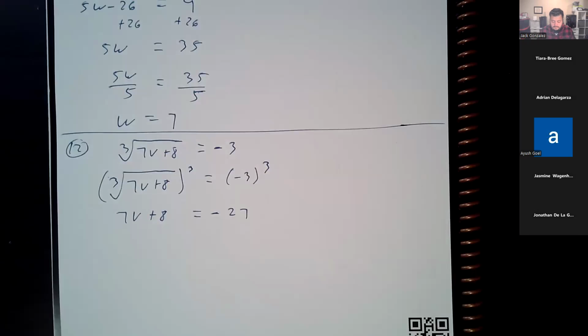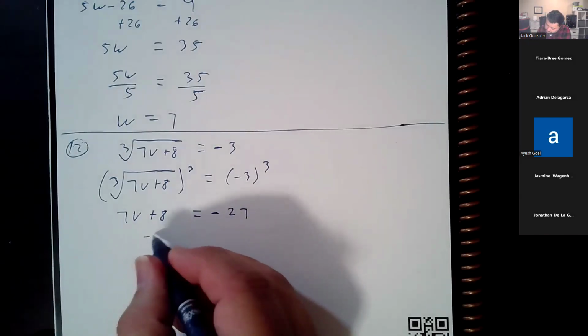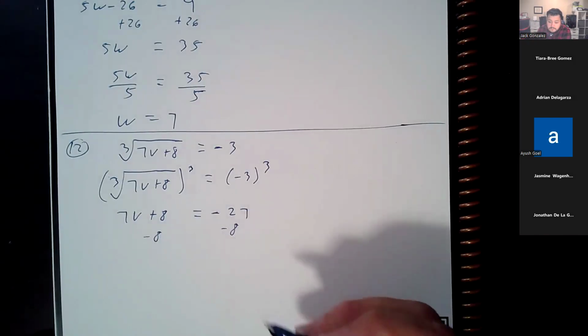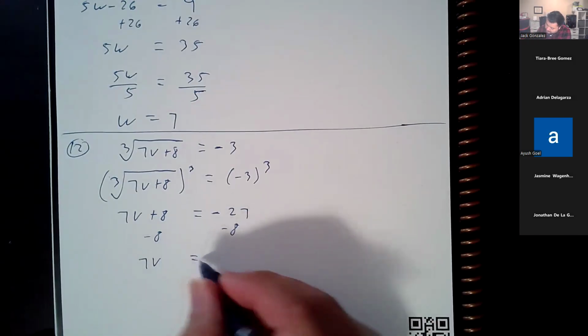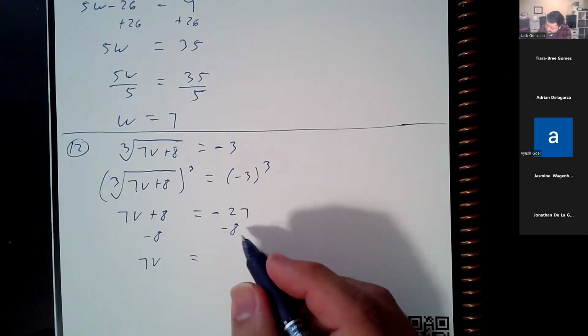Solve for V. Subtract 8. 27 minus 8, what is that?